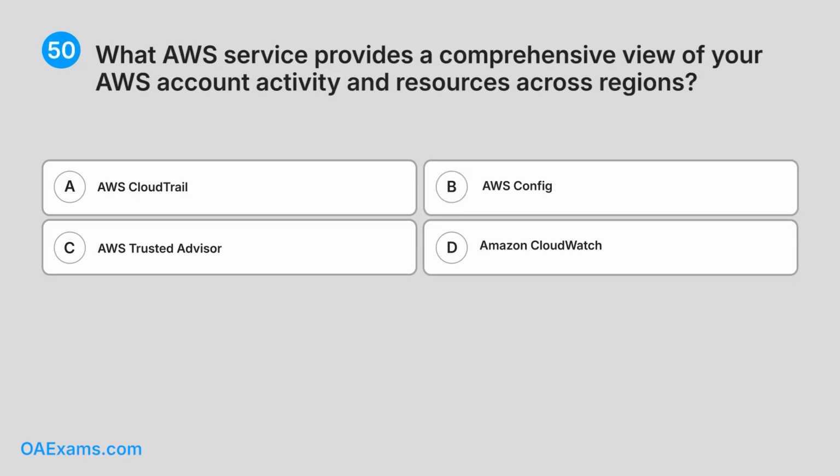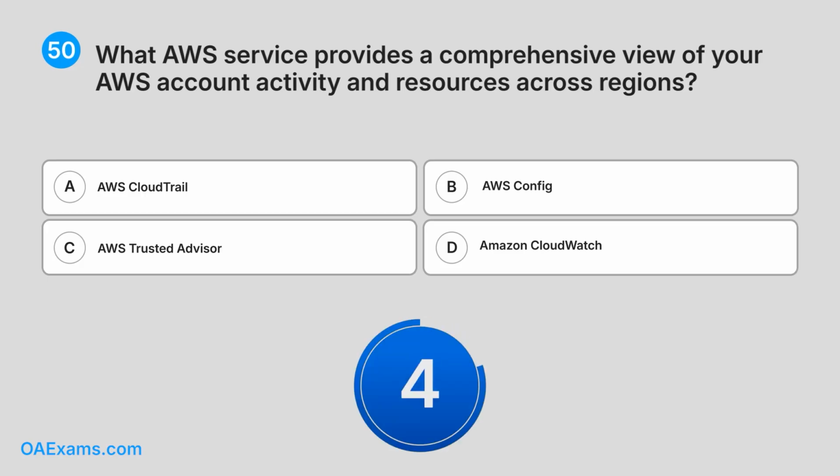50. What AWS service provides a comprehensive view of your AWS account activity and resources across regions? A. AWS CloudTrail. B. AWS Config. C. AWS Trusted Advisor. D. Amazon CloudWatch.